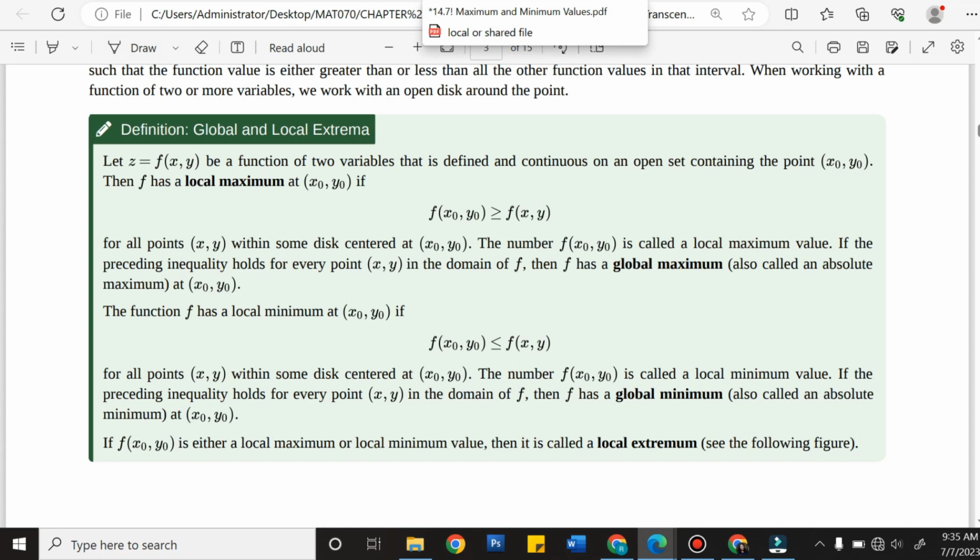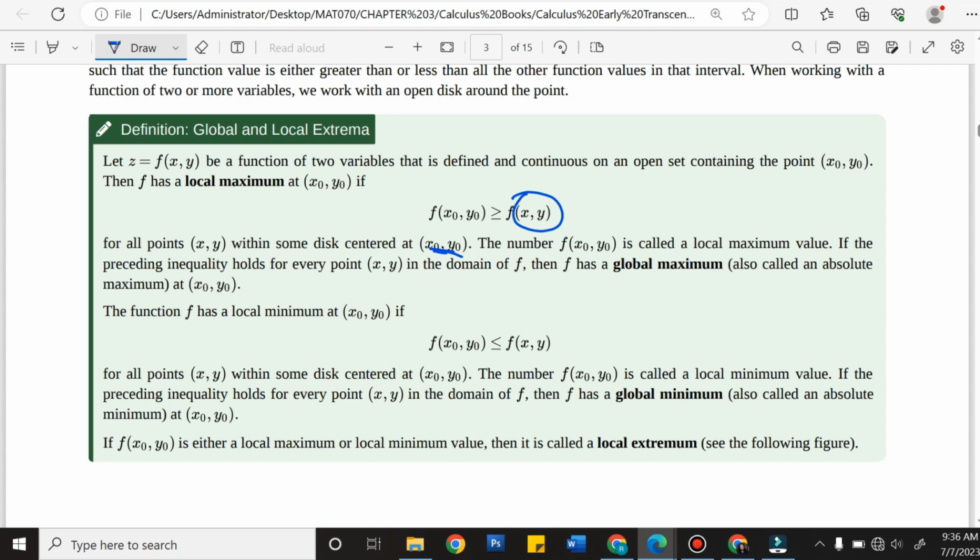Then, f has a local maximum if your f of x sub o, y sub o is greater than or equal to f of xy. Kaning xy ninyo diha, any point na siya for, and kaning inyuhang f of x sub o, y sub o is your center sa inyuhang disk.